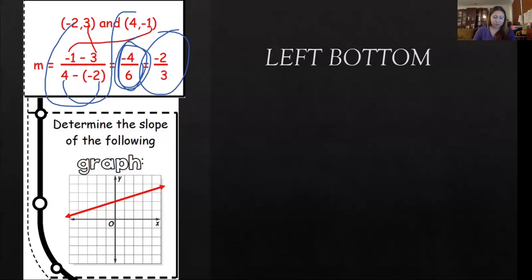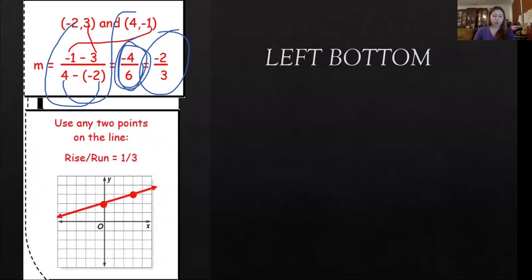And then the last one I want you guys to work on is, here is a graph, and I want you to tell me what the slope is. To figure out this first number, I'm going to count how many I'm going up. I went up 1, and then I'm going to count how many I'm going over. I went over too many, but it's supposed to be 3. I went too far.